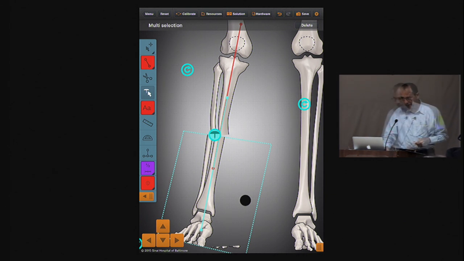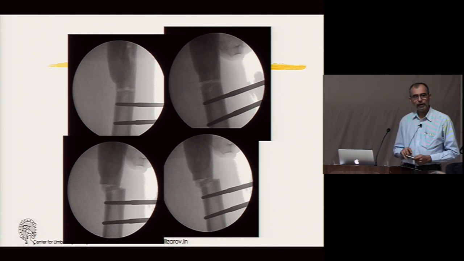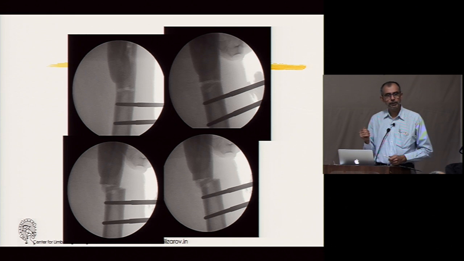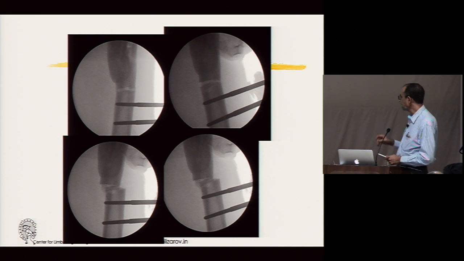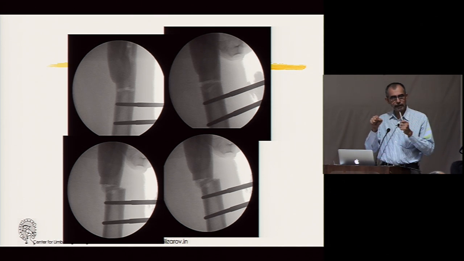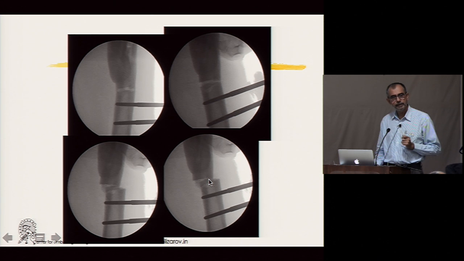So in my planning, I already knew that my osteotomy is below the CORA, right? So what I did, I completed the osteotomy, then I created the displacement. I didn't correct the angulation. I first did the amount of translation that is required and then corrected the angulation.